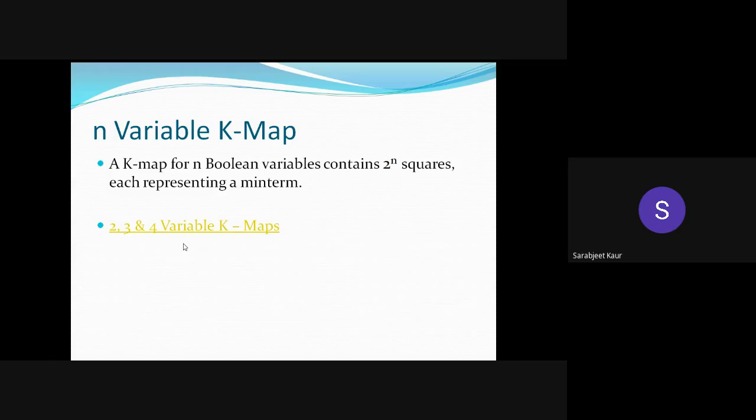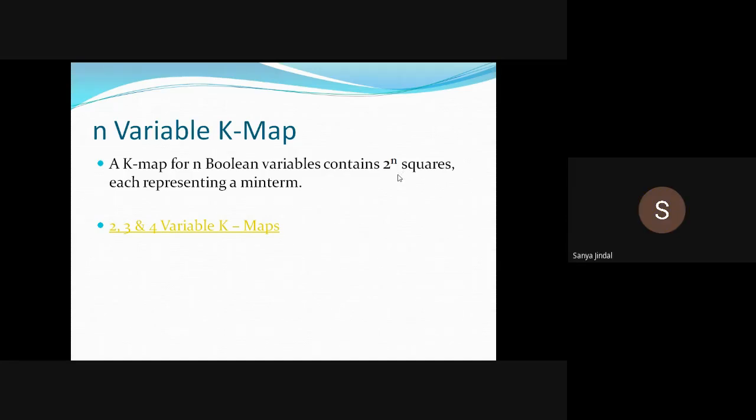Now, we already talked about why we have 2 raised to the power of n squares. You remember that? Who will tell me? Why do we have 2 raised to the power of n squares in an n variable K-map?